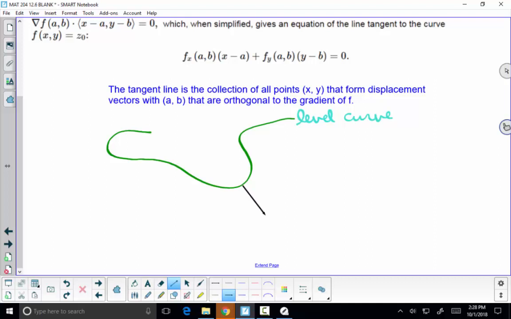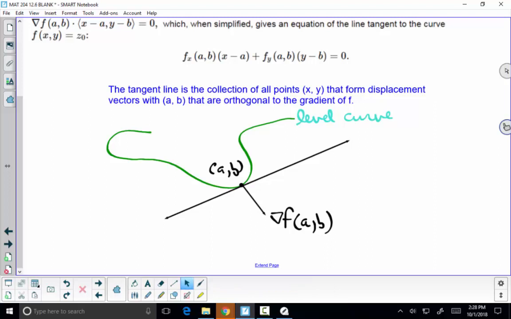At this point, we'll just suppose that this is our point of interest. So that's going to be del f of a comma b, at the point a comma b. And if we want to find the equation of this tangent line, let's make it at least appear to be perpendicular.